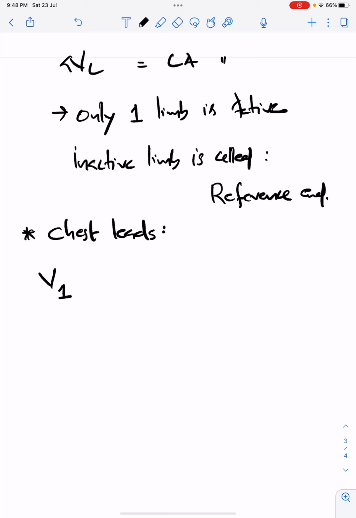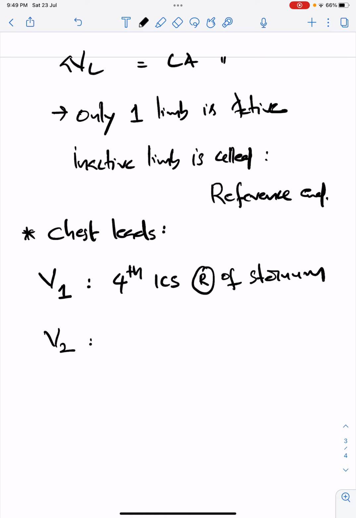V1 is placed in the fourth intercostal space right of the sternum. V2 is again in the fourth intercostal space, left of the sternum, in the parasternal area near the sternum.